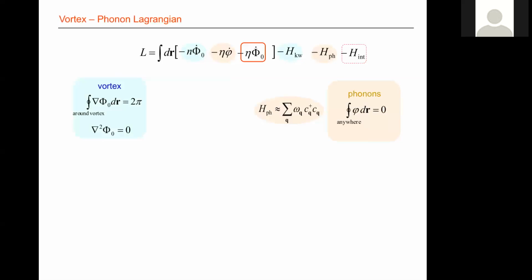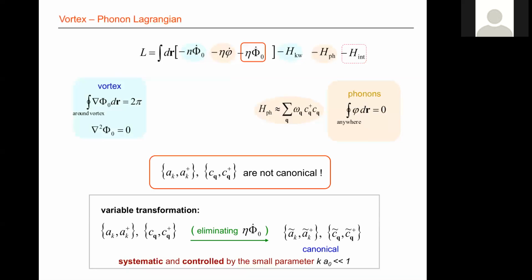So you can see that the variables are not canonical in this formulation. Okay, but with the help of this small parameter, k times a0, the non-relativistic parameter, you can eliminate this term systematically. You can expand with respect to the small parameter and perform a variable transformation, eliminating this term and arriving at the canonical variables of this problem.